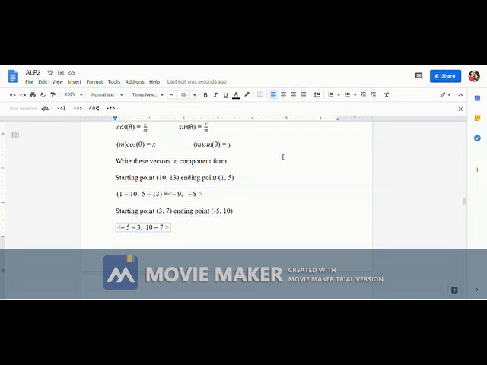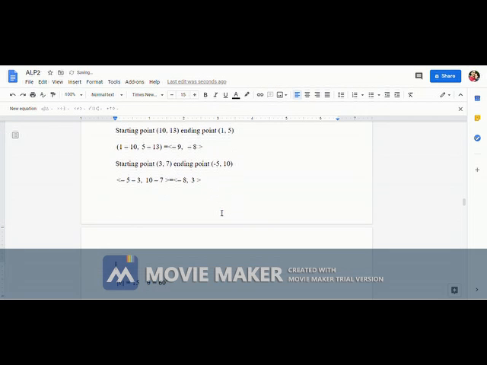So it makes sense that since it travels left, x is going to be negative, but since it travels up, y is going to be positive. Okay, so we have -8 and 3. Okay, and it's as simple as that.